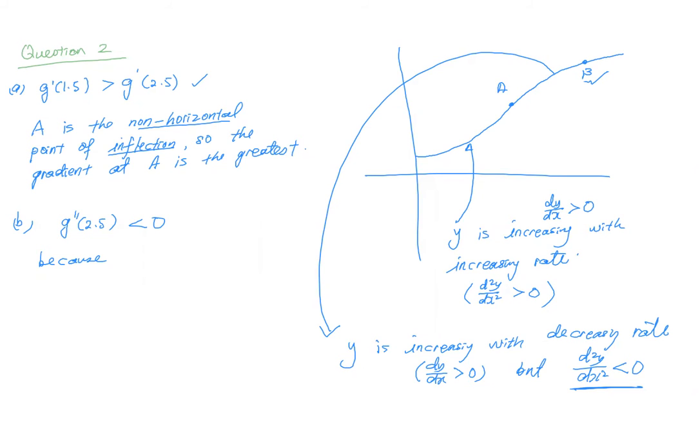So how about point A then? At point A, what is g double prime of 1.5?